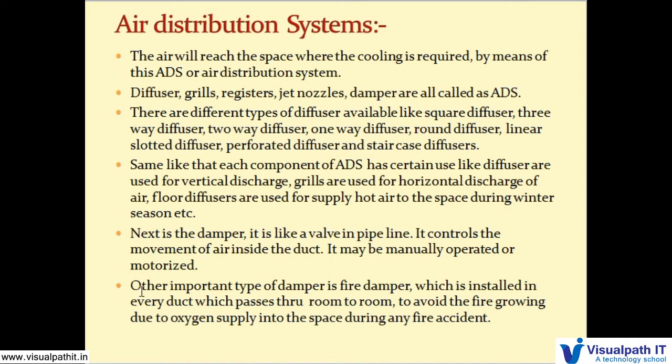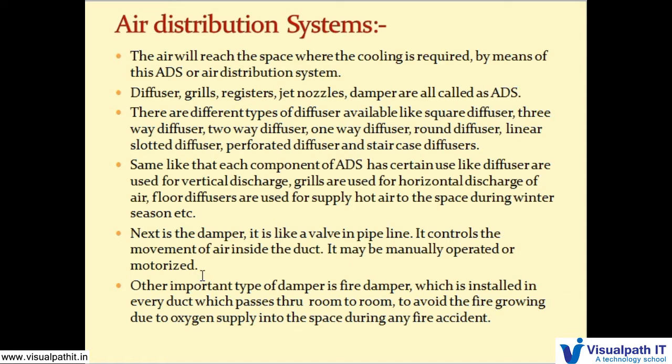Next point, another important type of damper is the fire damper. Yes, very important, which is installed in every duct which passes from room to room, to avoid the fire growing due to oxygen supply into the space during any fire accident. This chilled air contains oxygen.